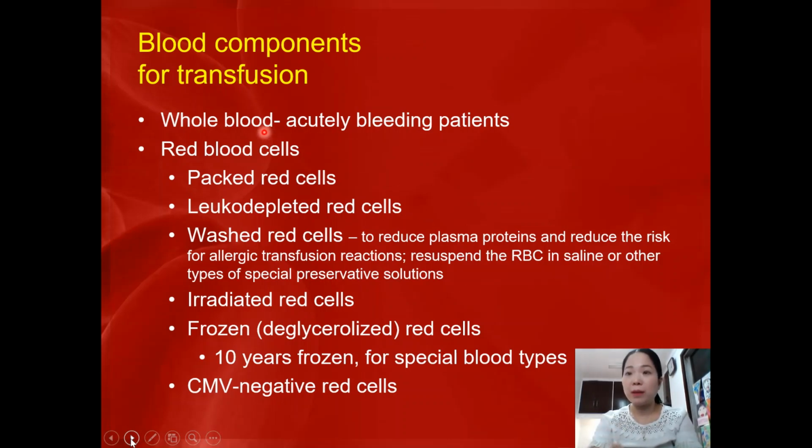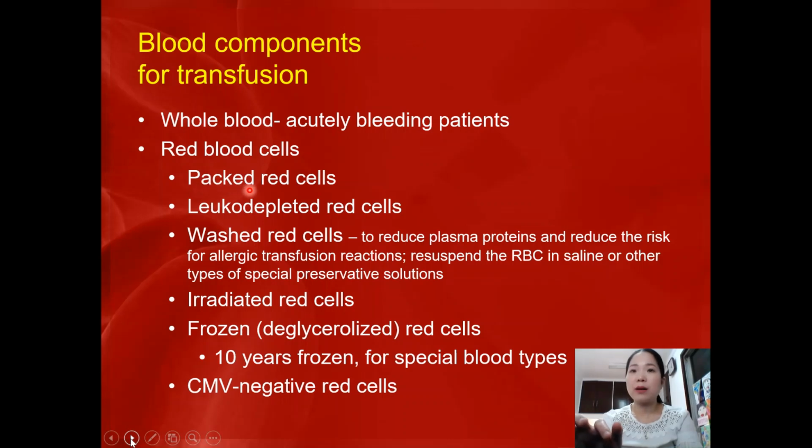Whole blood may be used in an acutely bleeding patient, but because most of our blood banks would prepare or centrifuge this whole blood immediately, it's less likely that you will see whole blood in blood banks located in an urbanized location. So aside from whole blood, we also have your red blood cells.